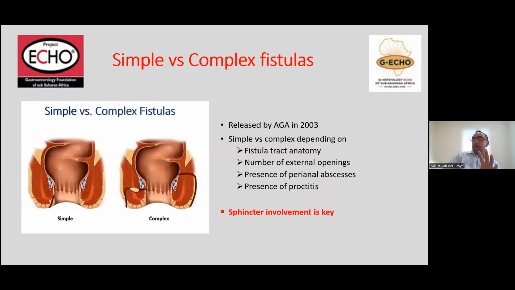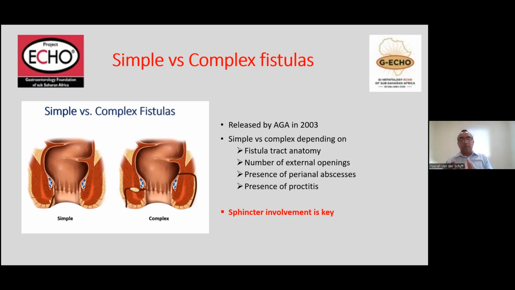Certainly the most widely used classification amongst gastroenterologists worldwide was released by the American Gastroenterology Association in 2003, where there's differentiation between simple fistula as well as complex fistula.